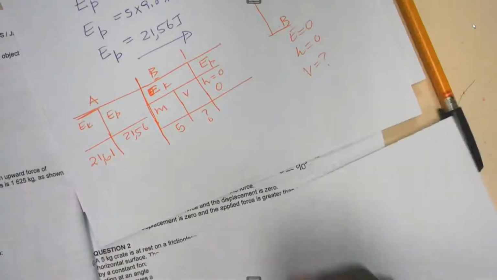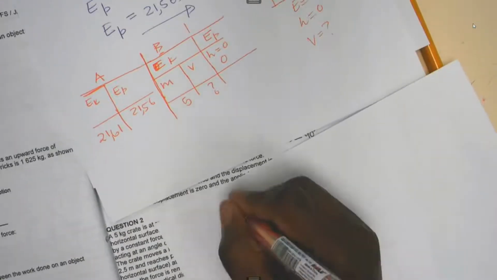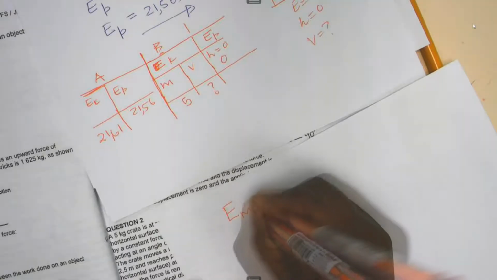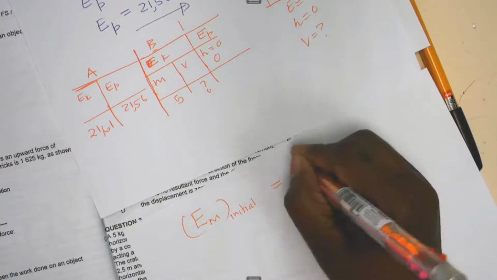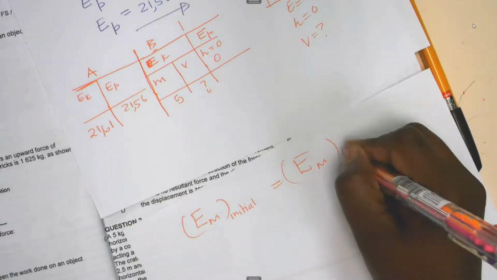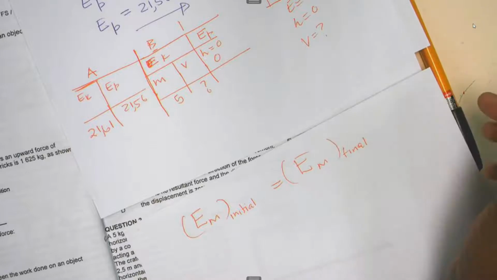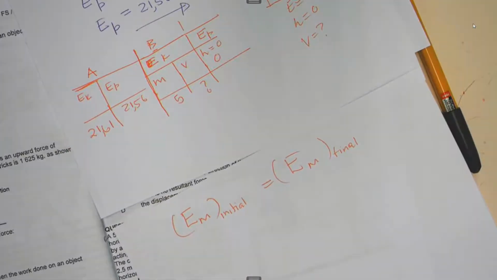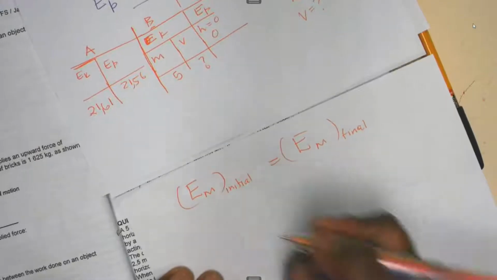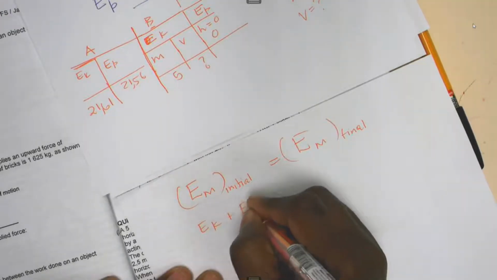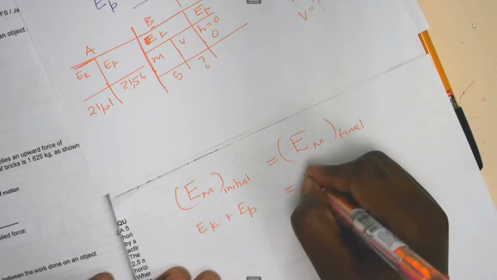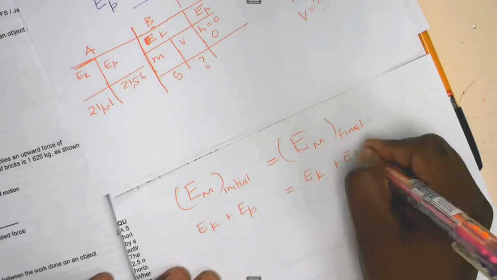So we write our formula. Say EM initial, or at A, is equal to EM final. So the initial simply is where it started and the final is where it ends. So here we've got EK plus EP and here we've got EK plus EP.